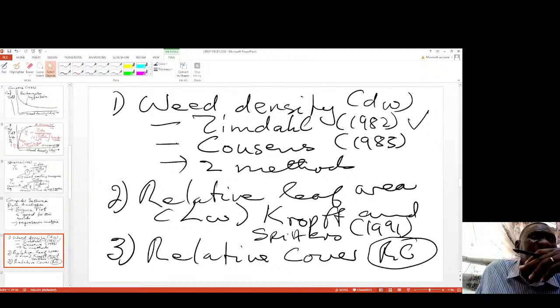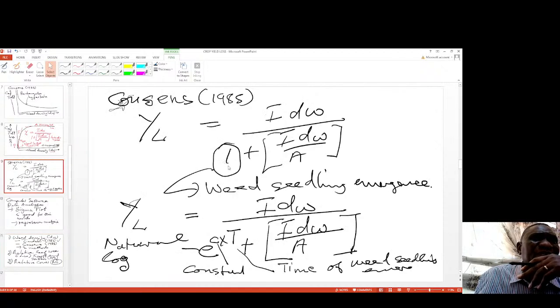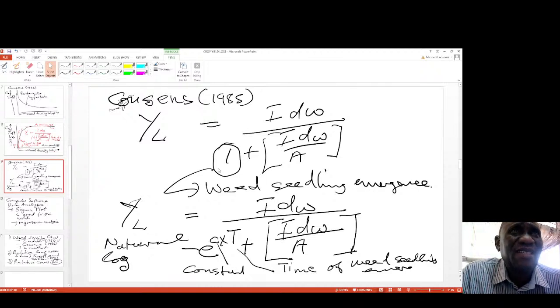In fact, why Croft and Spitters suggested use of relative cover, they wanted to solve this problem here, which was altered by Cousins in his equations, where he was substituting 1 with a logarithmic function raised to the power of a constant multiplied by time of weed seedling emergence.